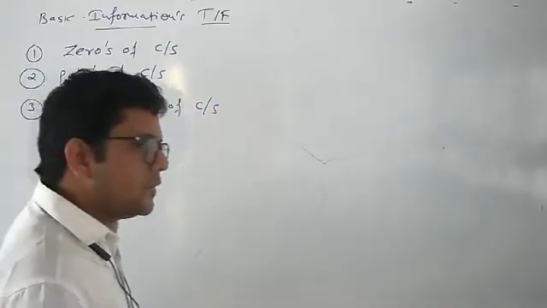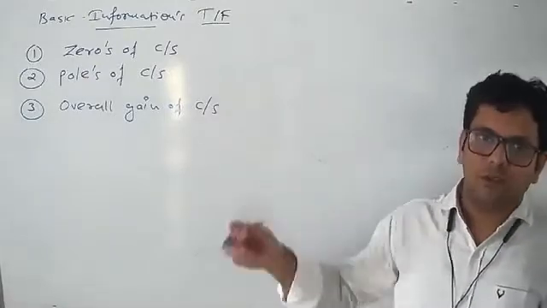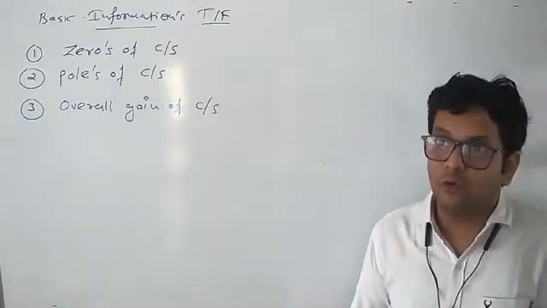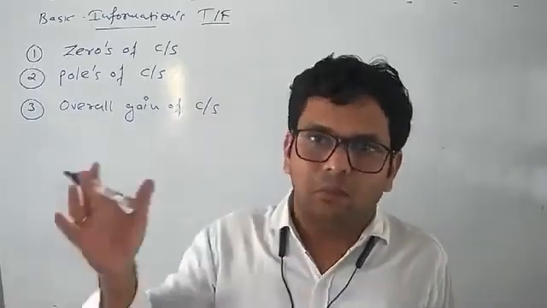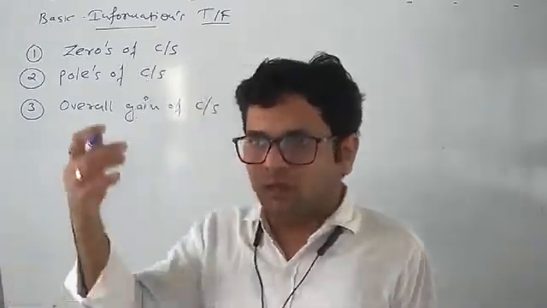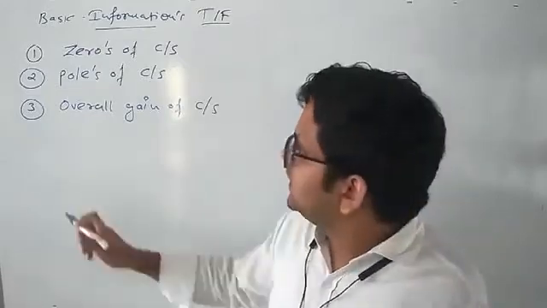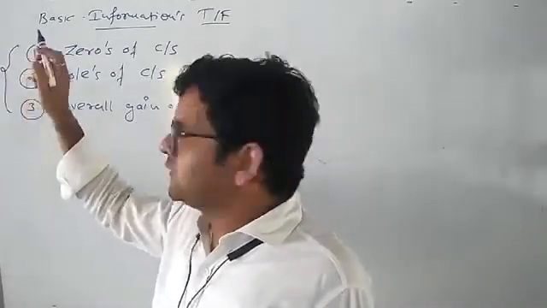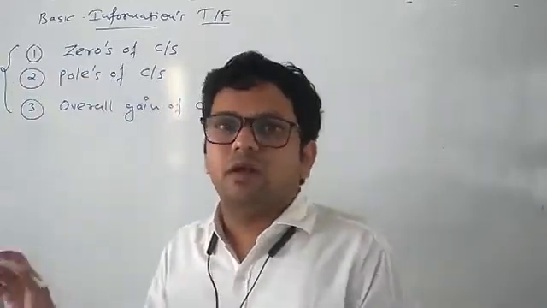Apart from this, there are some more parameters which we are in a position to determine. Once we know the transfer function of that particular system, we are in a position to determine its stability, whether the system is stable, unstable, or marginally stable. But that we are going to learn in detail in coming sessions. But for time being, let us consider that these are the basic three parameters, or information, which we will get from the transfer function of a given control system.